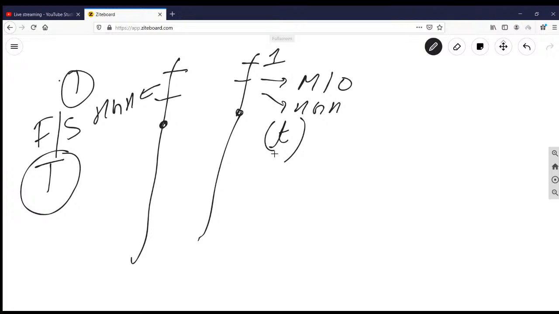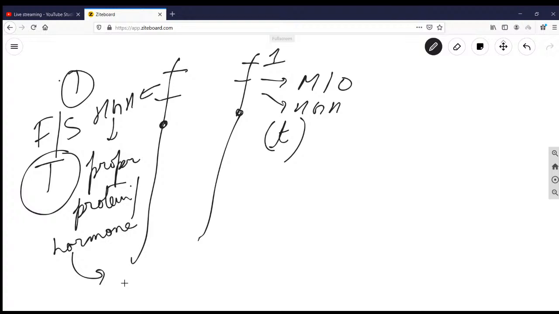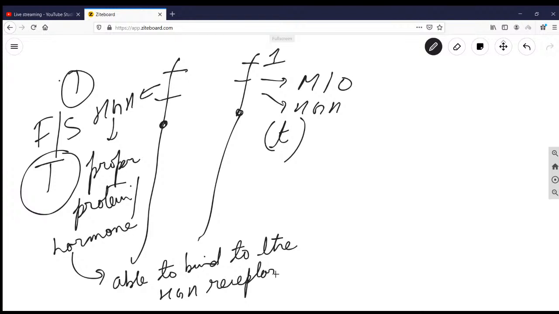What will really happen is, masking expression is a superficial definition, but what really happens is, suppose this one is coding for a proper protein, or proper hormone. This is a hormone, so it is able to bind to the HGH receptors present on bone and muscle and cause proper growth.